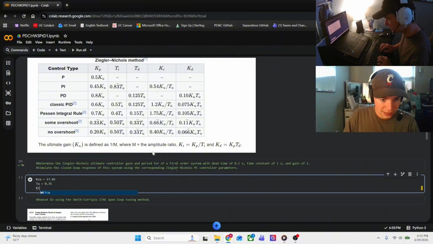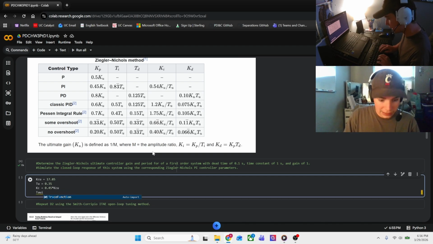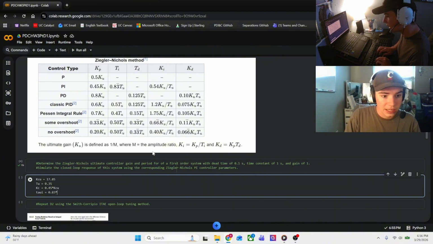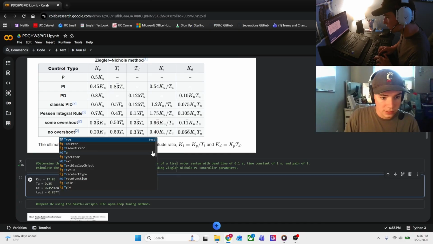So we're going to say that our Kc is going to equal 0.45 times our Kcu up above, and then we're going to say that our tau I is going to equal 0.83 times our Tu.